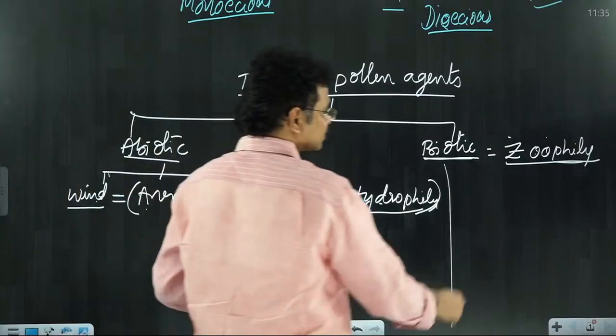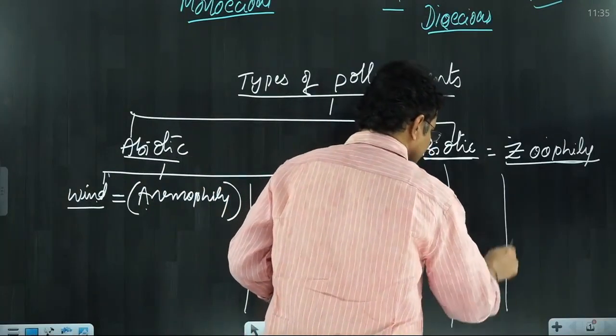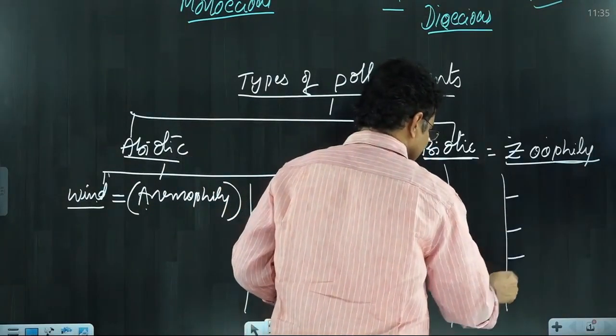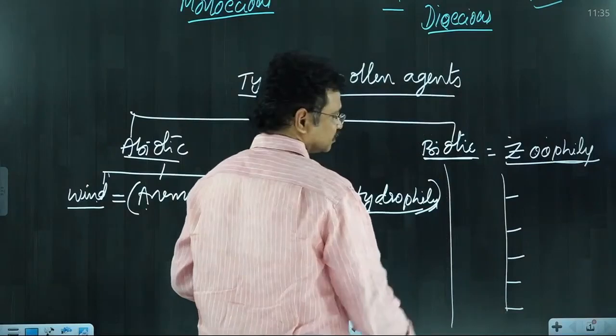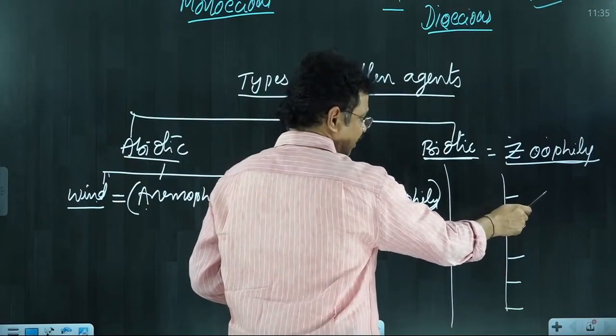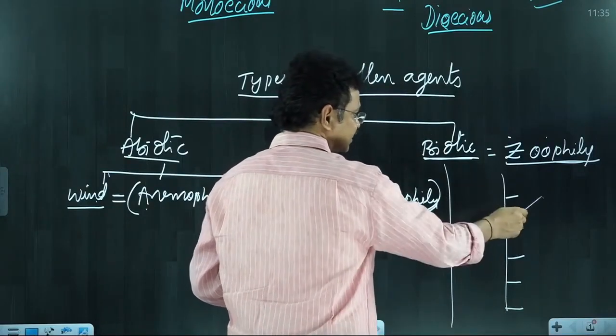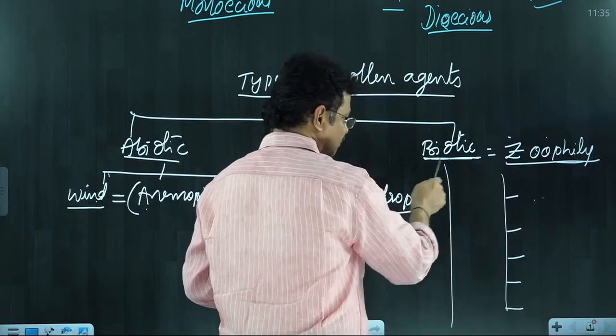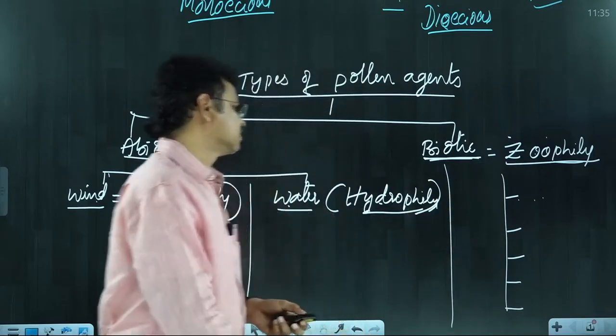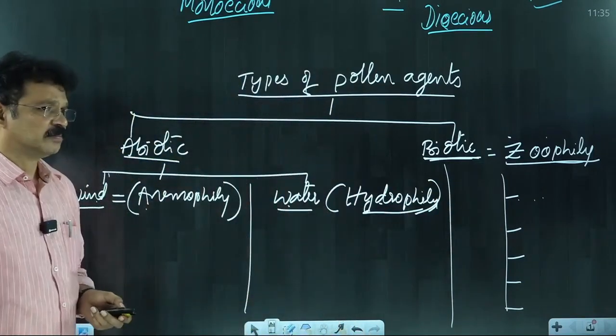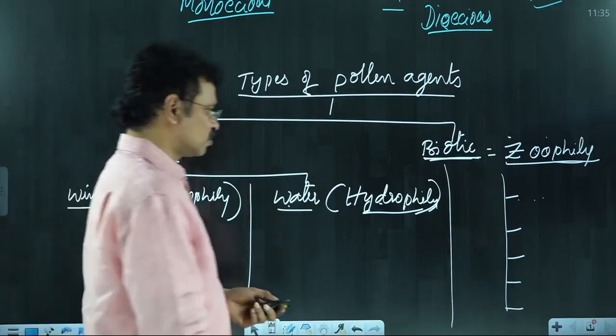What are the further types of zoophily? Based on the type of animal, these are classified into various categories. Honeybees or insects are agents for cross pollination, that is entomophily. Bats, chiropterophily.